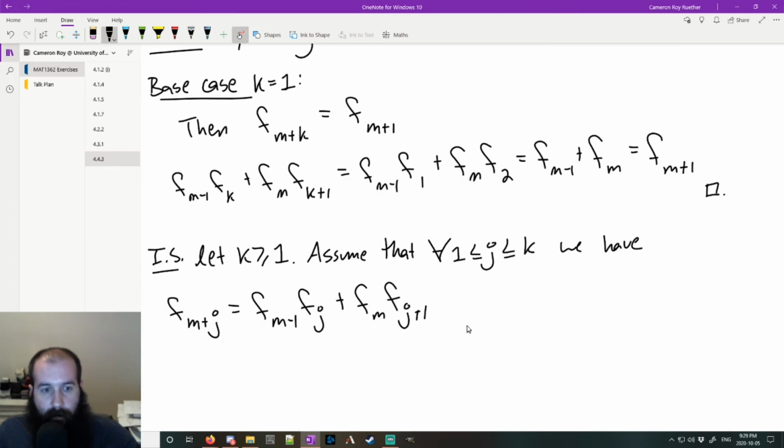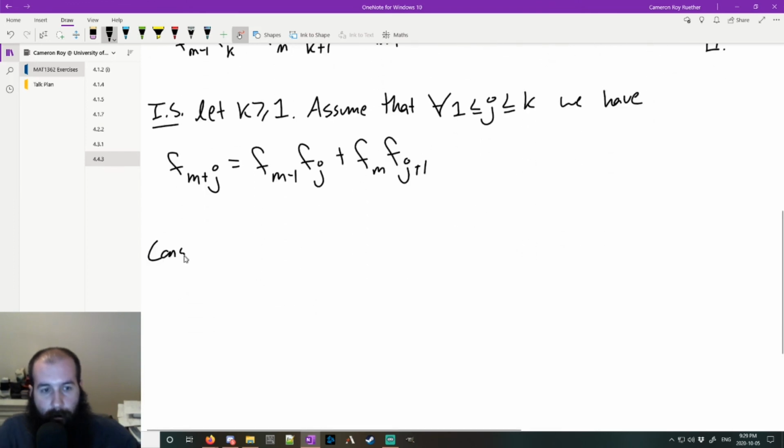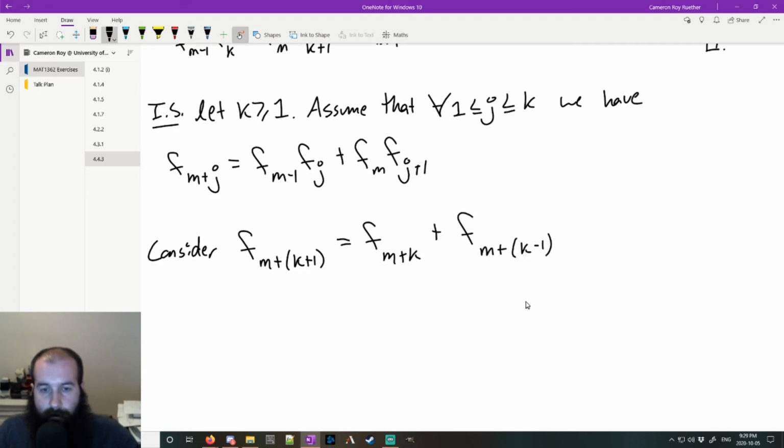Now, we would like to consider f of m plus k plus 1. We're still, just as in normal induction, considering the k plus 1 case. By the definition of the Fibonacci numbers, this is f of m plus k plus f of m plus k minus 1. And now this is where the fact that we've made all of these assumptions comes into play, because here we can use the assumption at j equals k, and here we can use the assumption at j equals k minus 1.